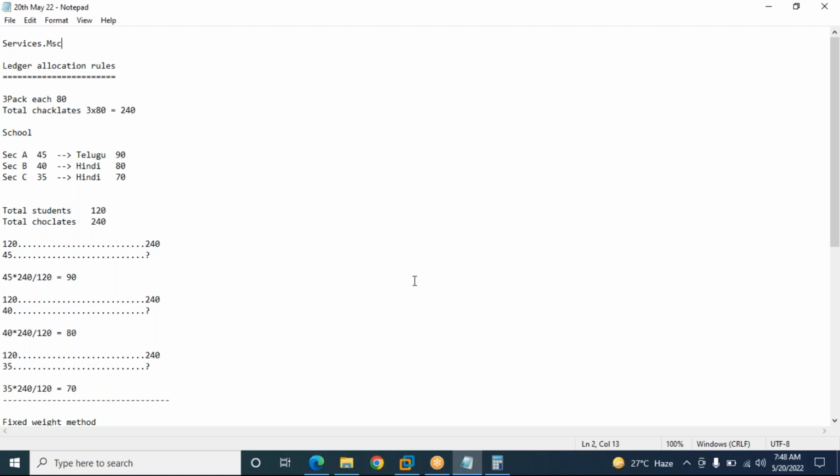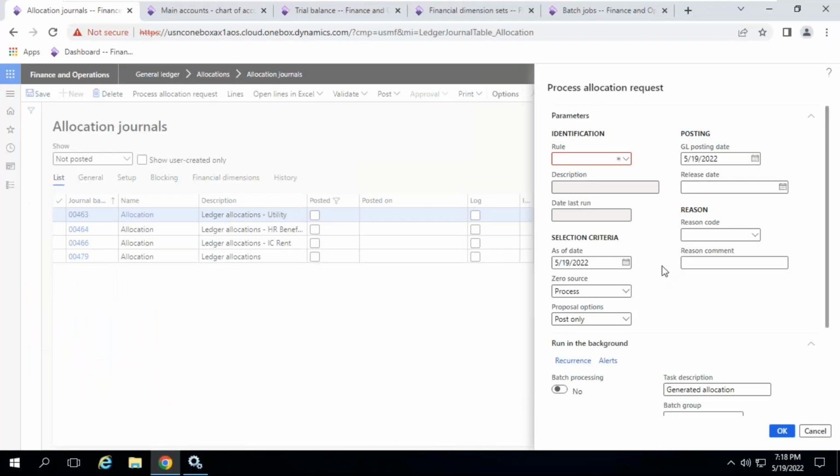If I run it in mid of the month, and by end of the month I have booked some more expense, and I want to run the allocation only for the remaining balance, how will the system recognize those expenses and do the allocation?